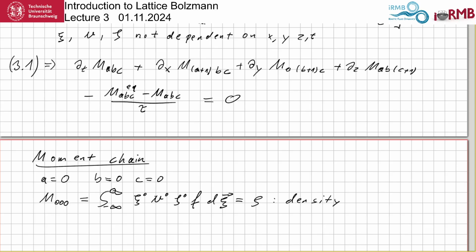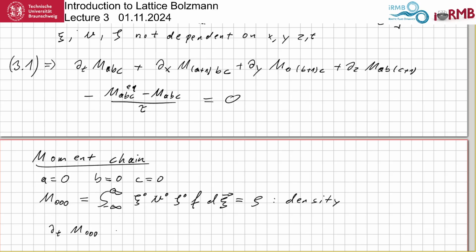So, and now if we take this into equation 3.1, I mean, it's very simple. We just substitute a, b, and c for 0, 0, 0.